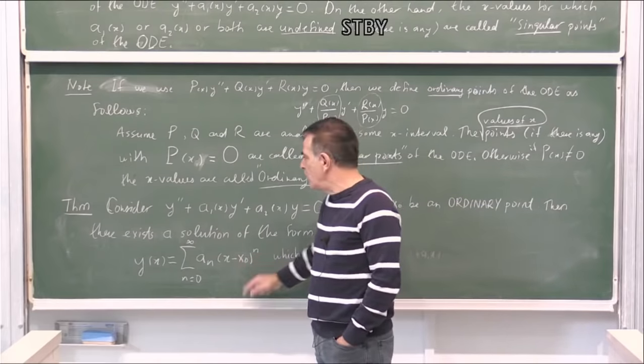In other words, y of x, the required solution, is equal to the sum of its Taylor series, which is the Taylor series representation of a solution.